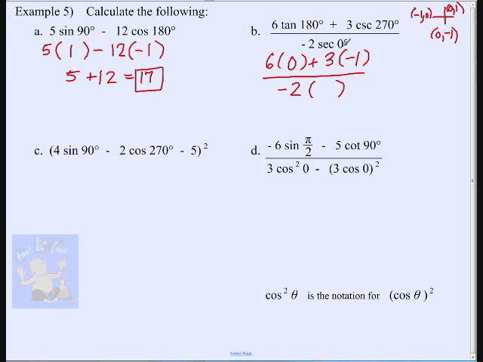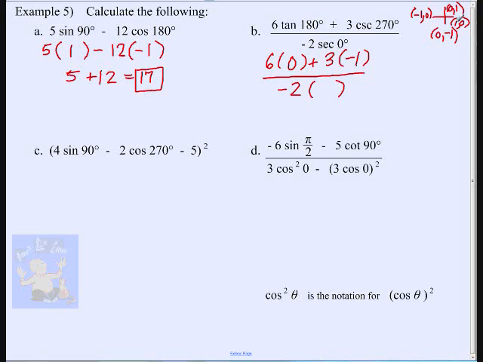Now how about the secant? Its reciprocal partner is cosine. And we're talking about 0 degrees. That's the only one I haven't put in here, right? That's 1, 0. So secant is a reciprocal of cosine.